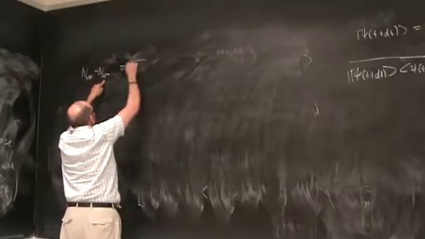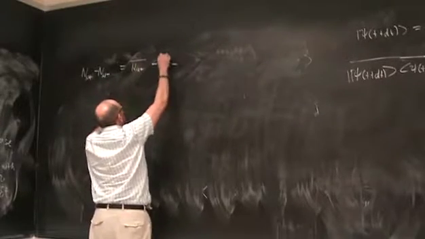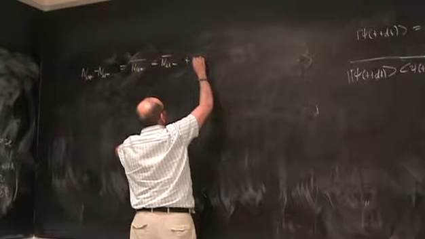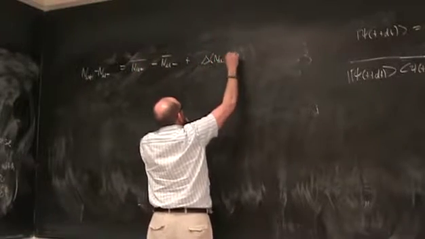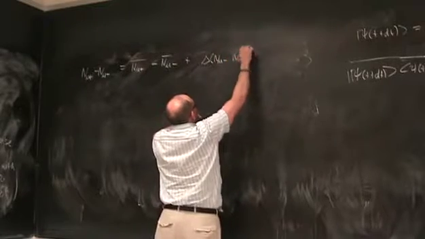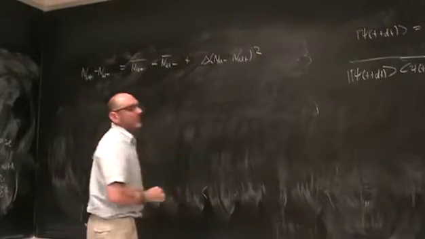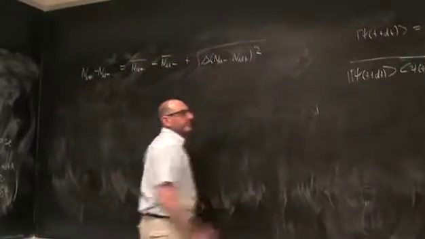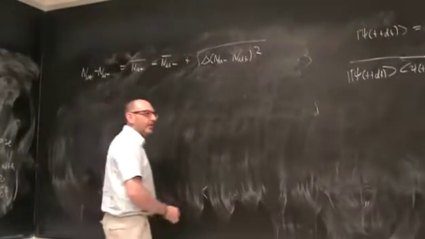It's the difference of the means, and then plus the fluctuation in the difference. Square root, because the noises add. They're independent noises.